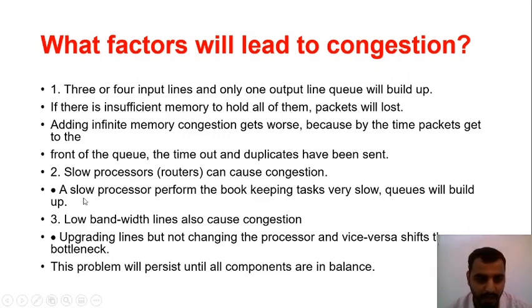Now note the second point: a slow processor or router can cause congestion. This is obvious. A slow processor performs the bookkeeping tasks very slowly, and a queue will build up. If your performance is low, it will form a queue. For instance, you went to a faculty member to take a signature on your record book.